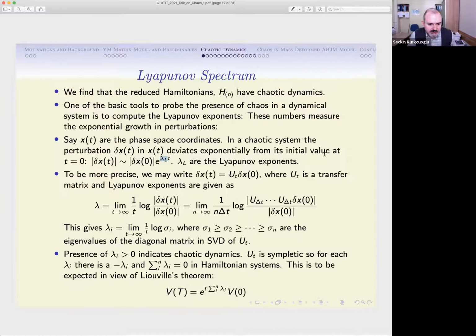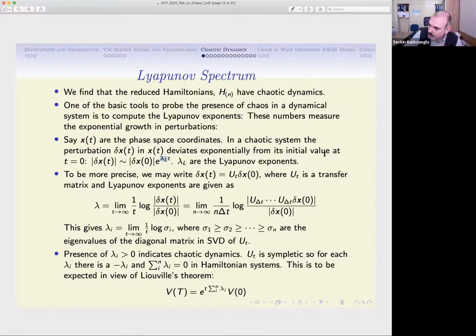In addition to that, two of these numbers will be essentially equal to 0, because there won't be any divergence of the trajectory along the original trajectory, which is dictated by the solutions of the equations of motion.